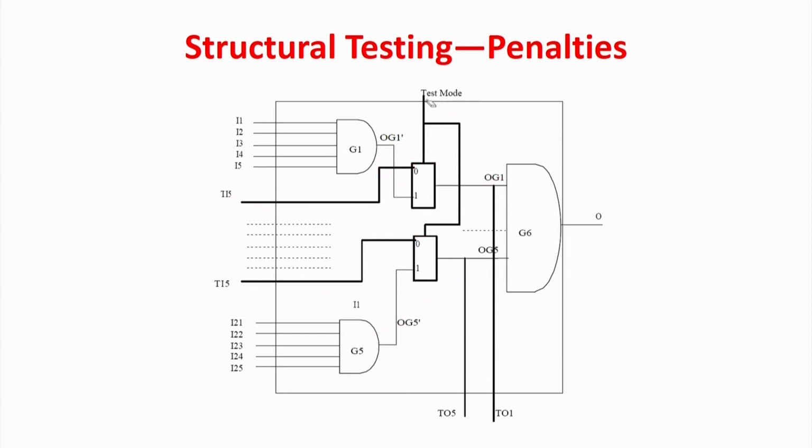When I operate in the normal mode, you make the test mode equal to 0, and in test mode it is equal to 1. In this case the external lines will be cut and the output of this gate will be fed to this gate, and your job is done. That is, you can apply patterns directly to these inputs. Again, I also have to explicitly observe these lines when I test these two gates. You can change the configuration mode so that the output from this can be observed on this line.